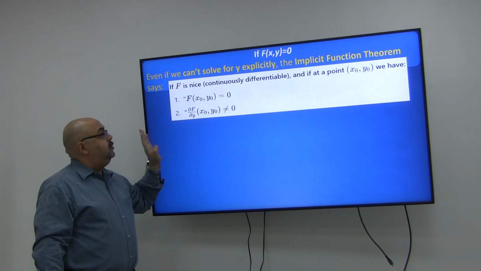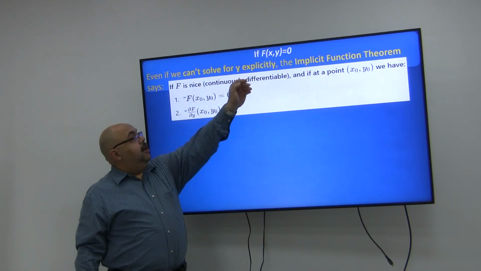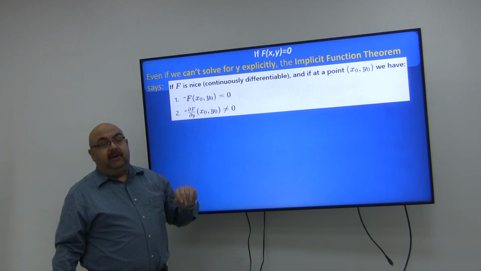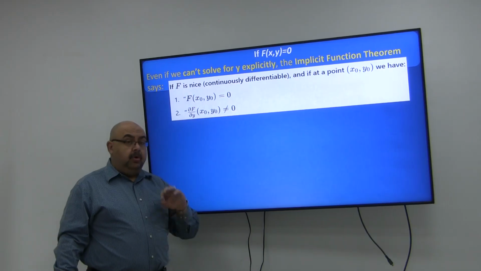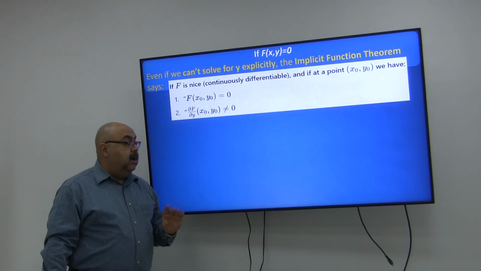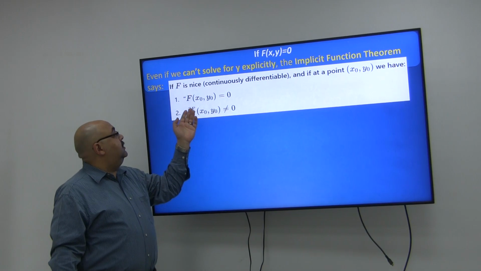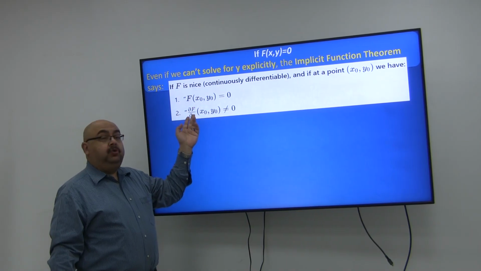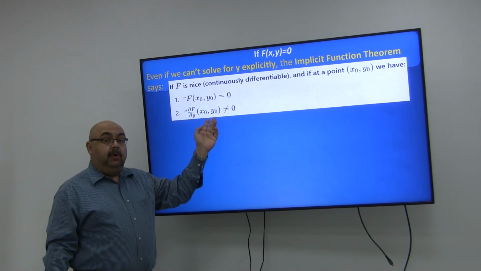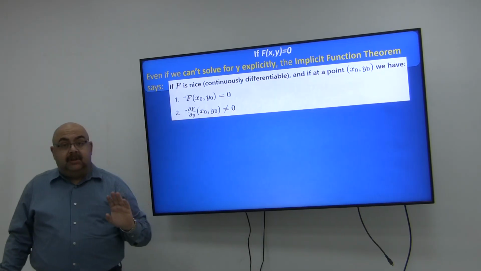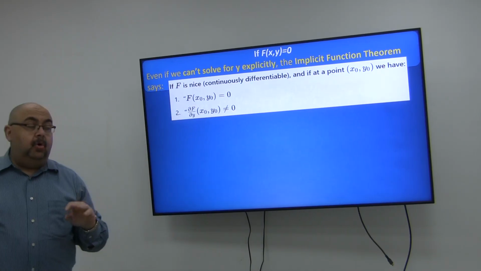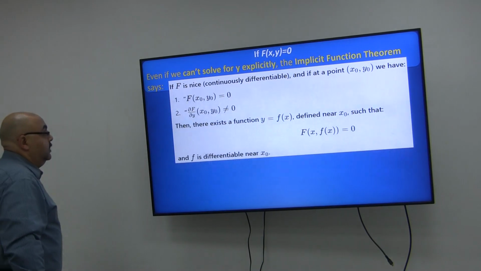Once you substitute in your function by x naught, y naught, you will find the value equal to 0. The second condition is that the derivative of f with respect to y at the concerned point shouldn't be null, shouldn't equal 0.